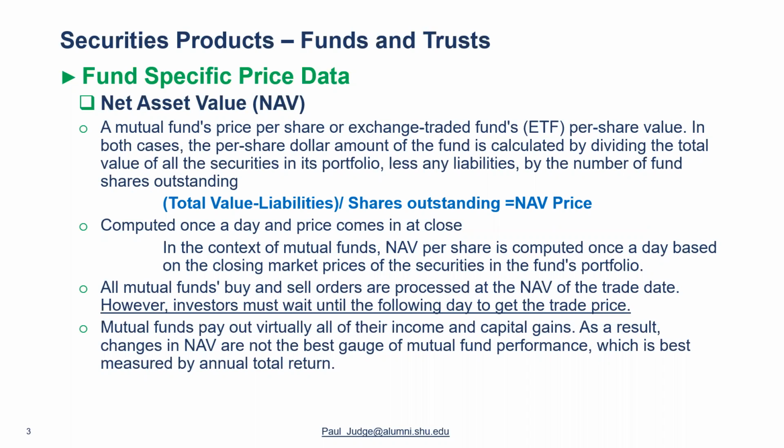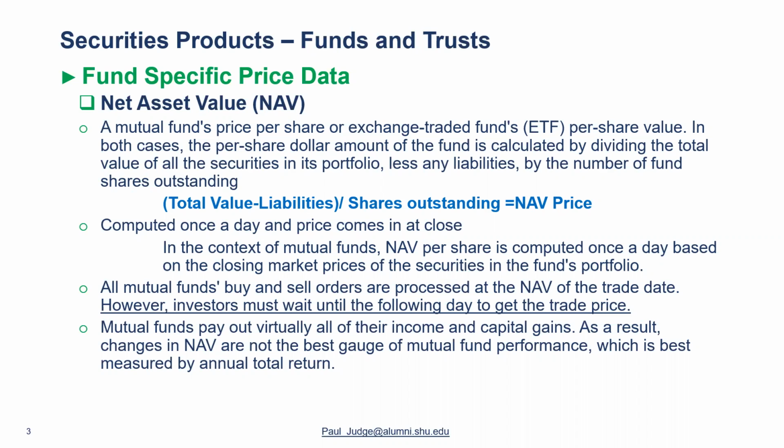But the NAV is a little bit of a different animal. For a mutual fund price per share or exchange traded fund per share value, in both cases, the per share dollar amount of the fund is calculated by dividing the total value of the securities in the portfolio less the liabilities by the number of shares outstanding.